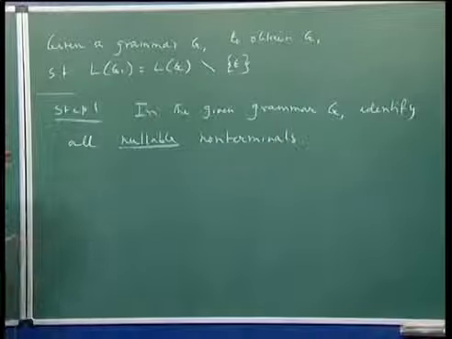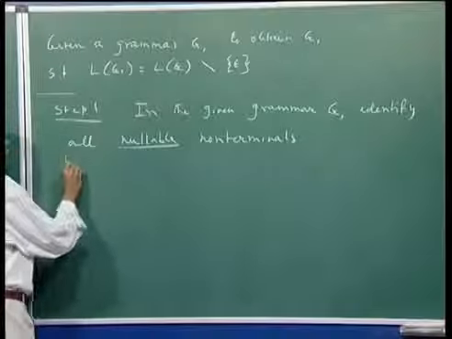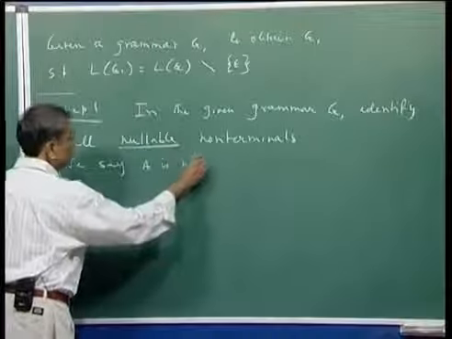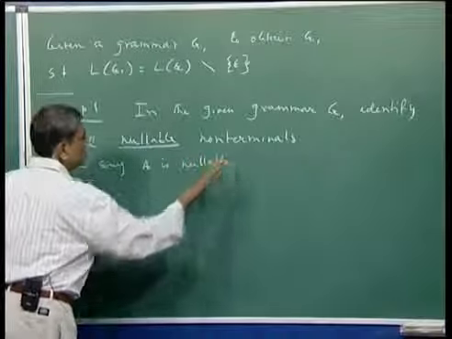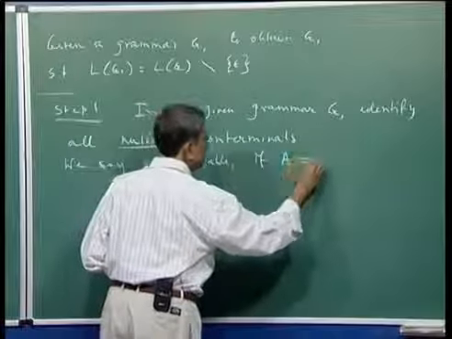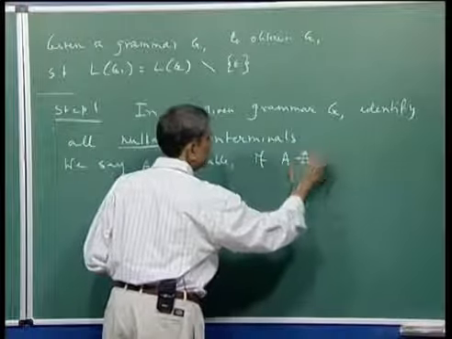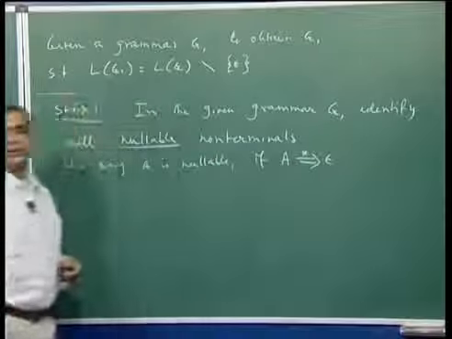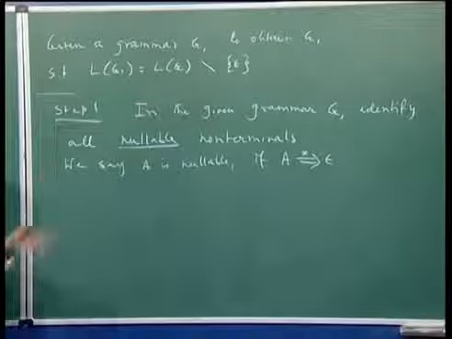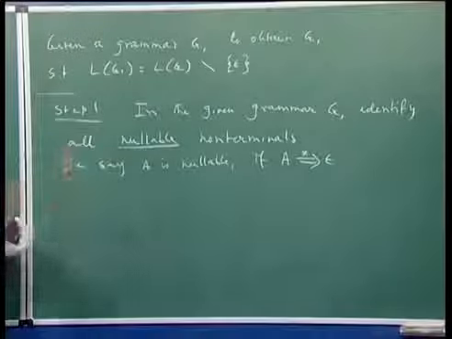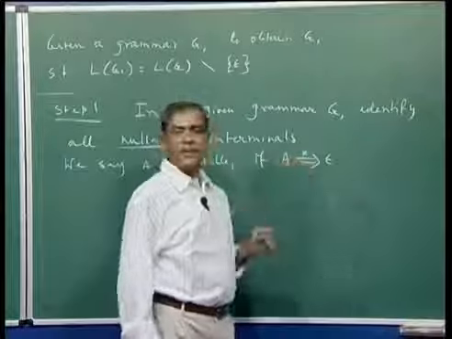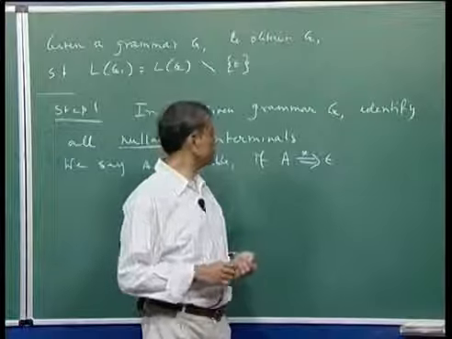What is a nullable non-terminal? We say A is nullable if A can derive the string epsilon, that is empty string. It means, in other words, A can finally become the string epsilon after some steps.